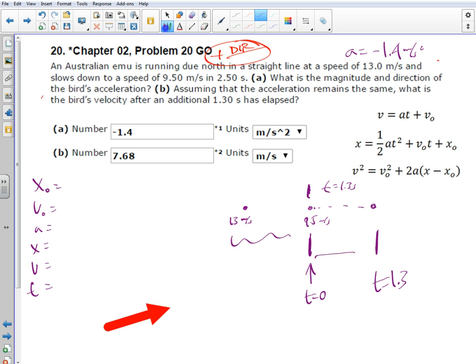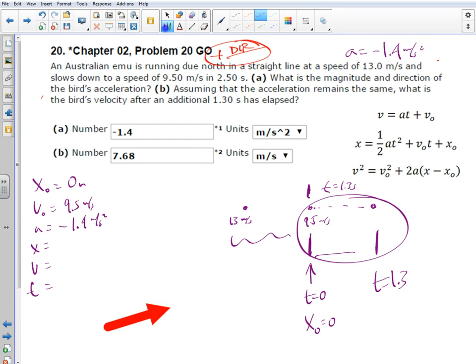So his original position, I'm going to call that 0, because I can. Why not? When I'm done, if I find x, I would know how far he went, but I don't think it's going to matter, because I don't think they want that. So I start at 0. Now, original velocity is 9.5 meters per second, because I'm just considering this second phase of his motion. The acceleration is negative 1.4 meters per second squared.